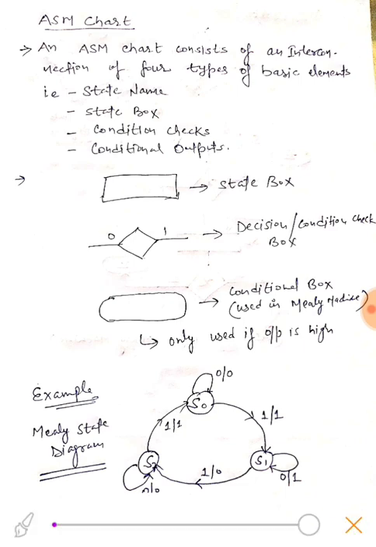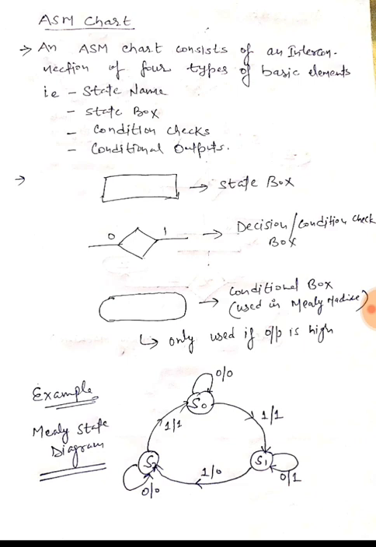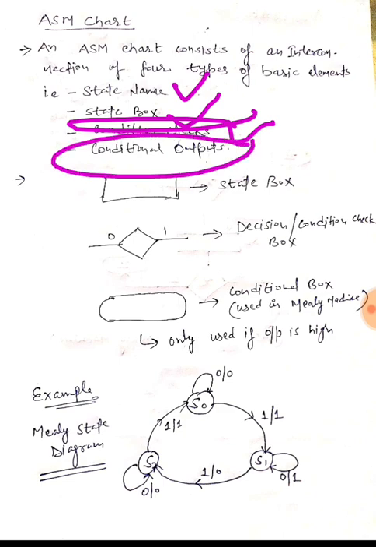as we will convert an FSM into an ASM. So an FSM consists of some states. Any system would be in a state for a particular instant of time. So we will have state name, then we will have state box, we will have decision box, that is conditional box or decision box, and conditional outputs.